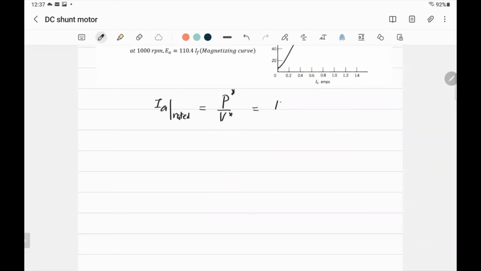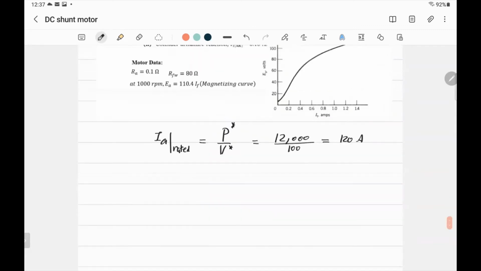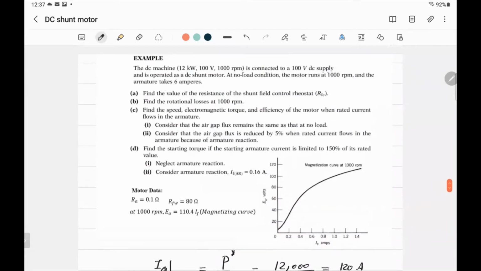So the power is 12 kilowatt and the voltage is 100. So what do you get? 120 amp. So I know that if you have nominal load, the machine will take 120 amp, but this one is 6 amp for no load. So why is there current at no load?